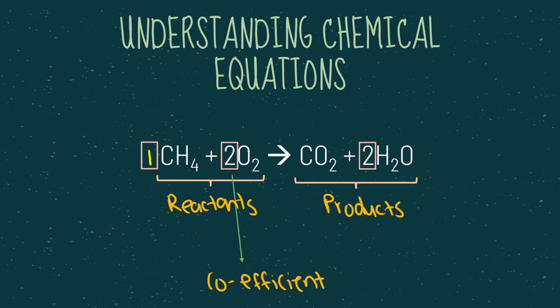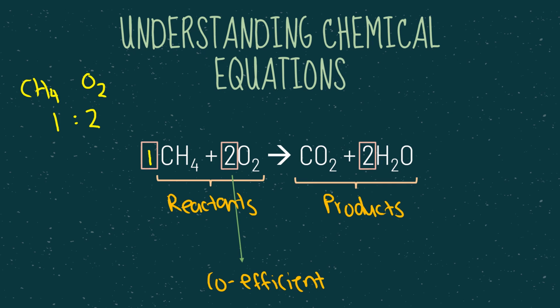So what this chemical equation tells us is that 1 mole of CH4 plus 2 moles of O2 give us 1 mole of CO2 plus 2 moles of H2O. So this means that CH4 and O2 have a ratio of 1:2, because this is what we can see from the coefficient. So the coefficient tells us the ratio.